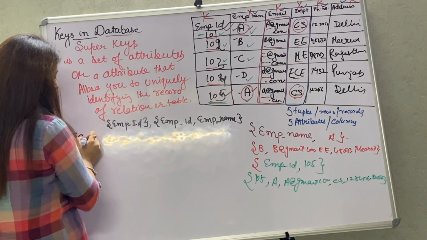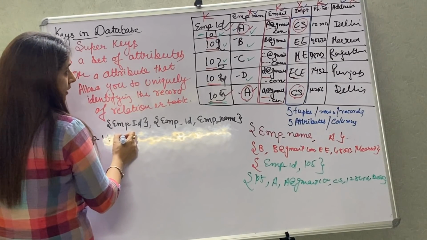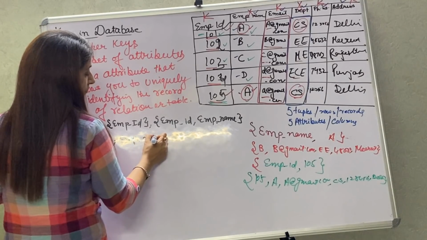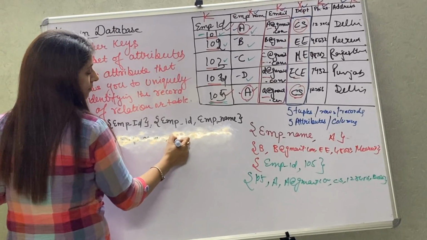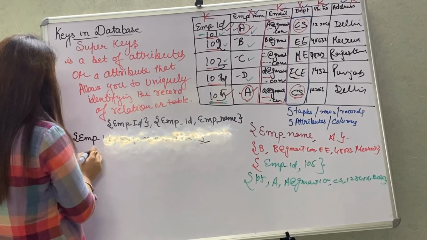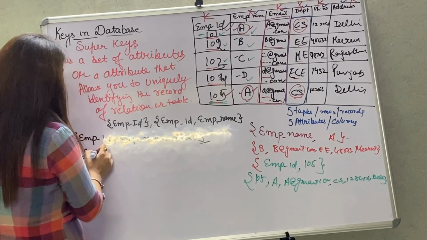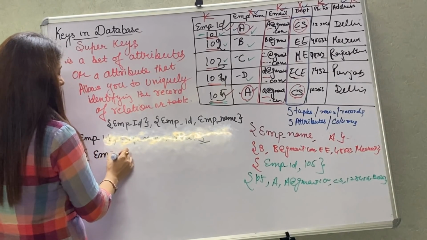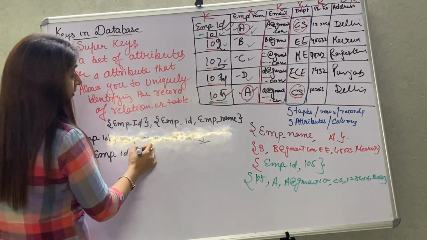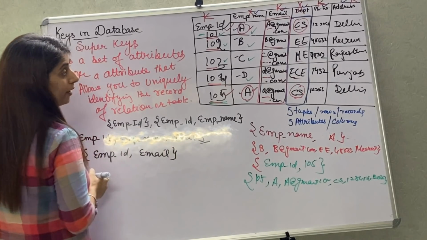If I say employee ID, employee name, email, this is also a super key. Employee ID and email, this is also a super key.